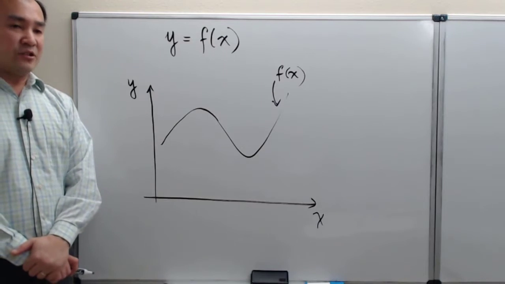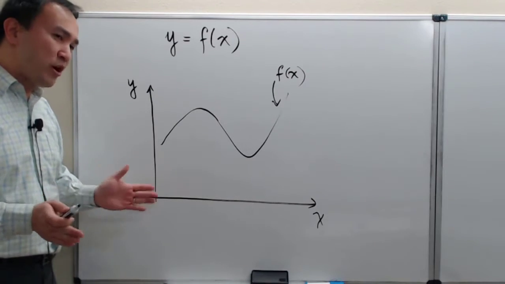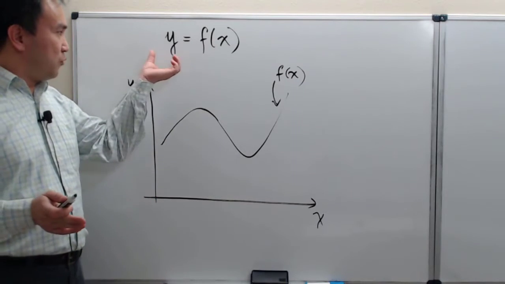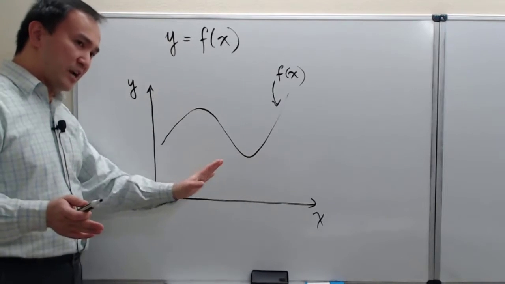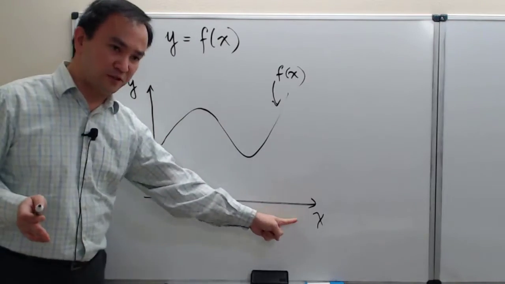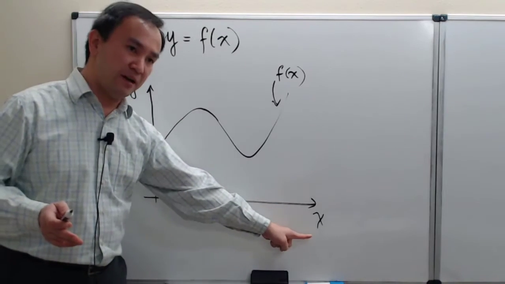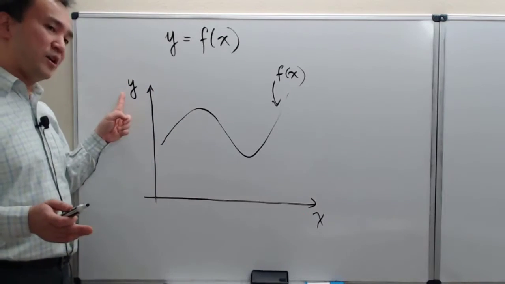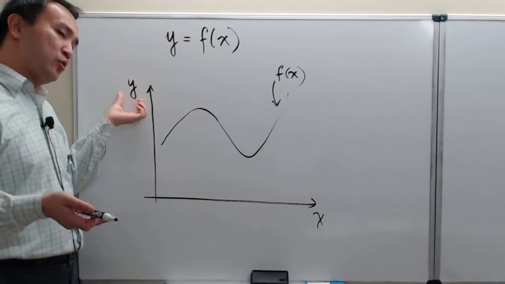Okay? And another brief reminder about the whole point of a function is that a function is a relationship of two separate quantities. The x variable is one quantity that we call the independent variable, and the y quantity is, in the concept of a function, a dependent quantity.